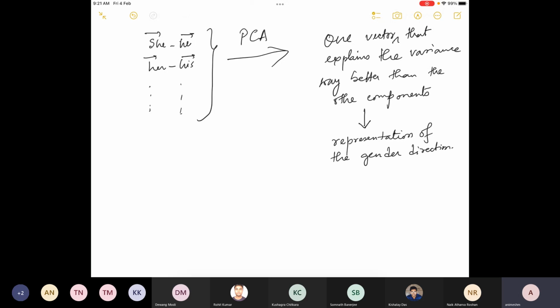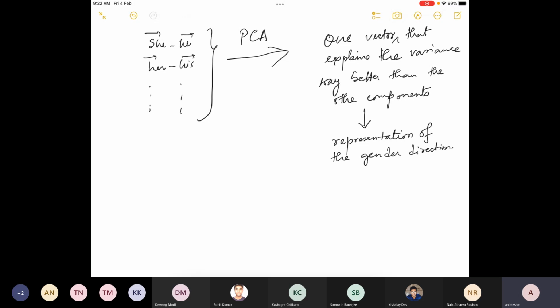They meant a gender direction, but one can also have a gender subspace. You can take the first two or first three principal components, whatever way you desire, and have a subspace rather than a single vector. That is a design choice and is left upon the design engineer.